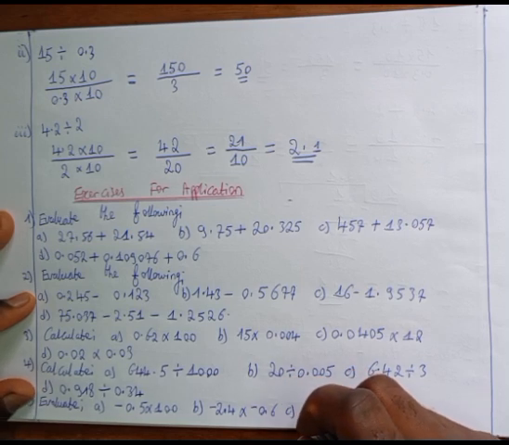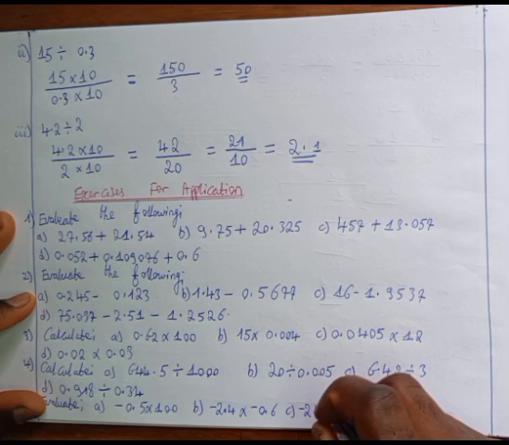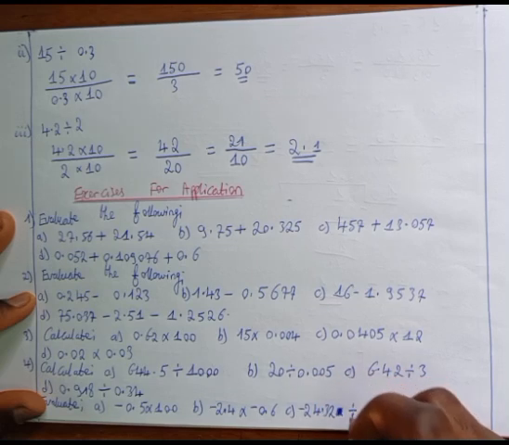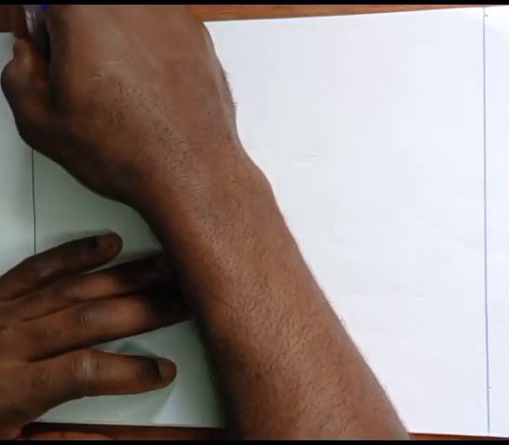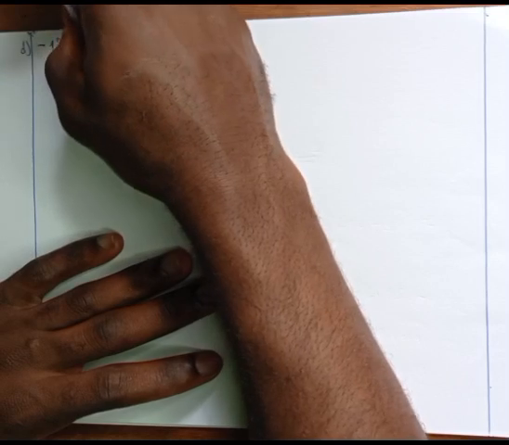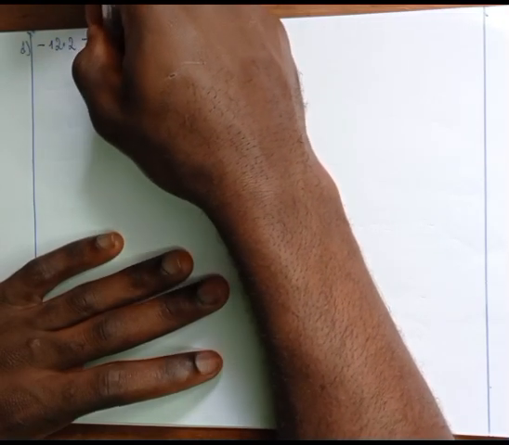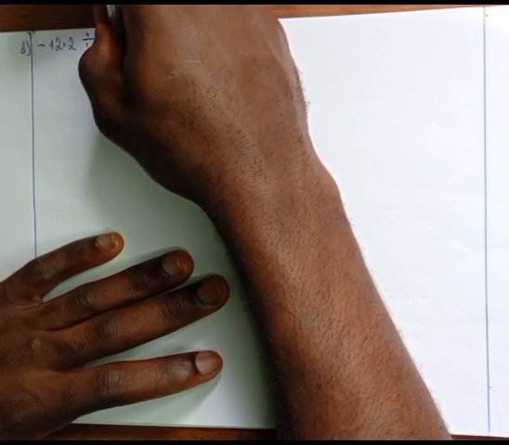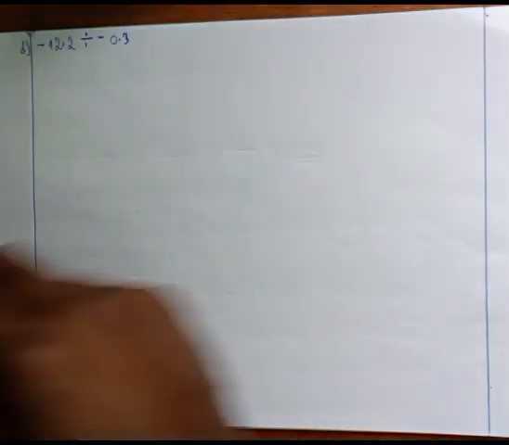C, we have negative 24.32 divided by negative 1000. D, we have negative 12.2 divided by negative 0.3.